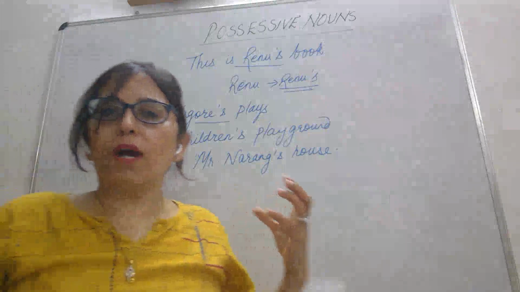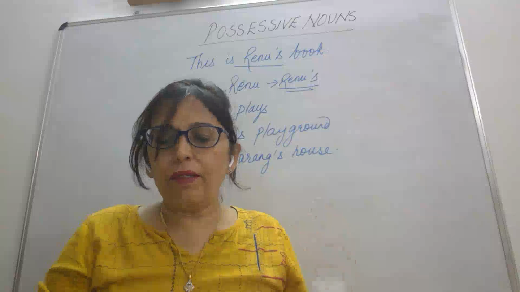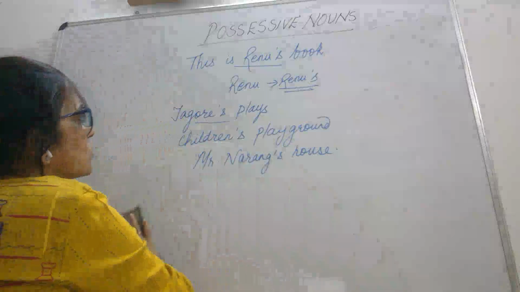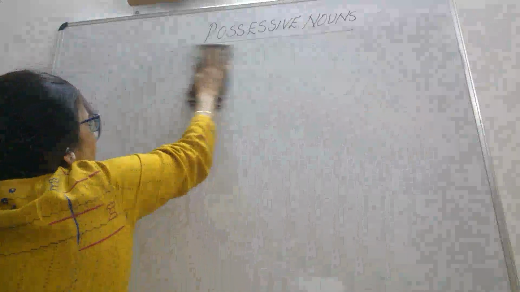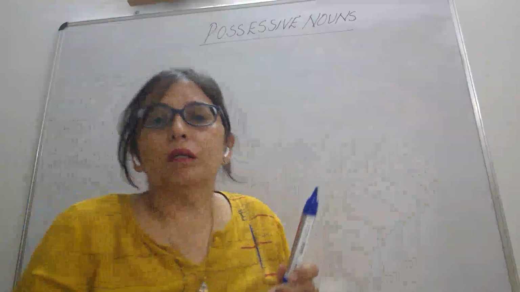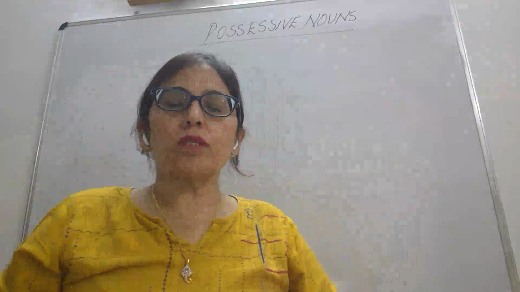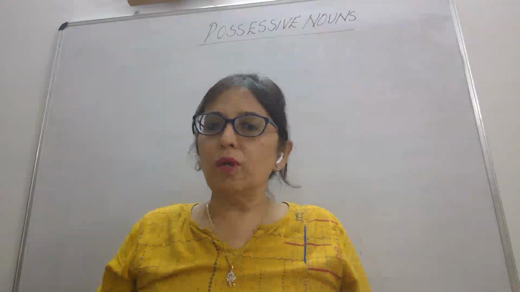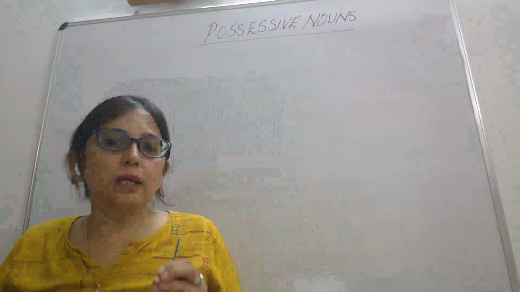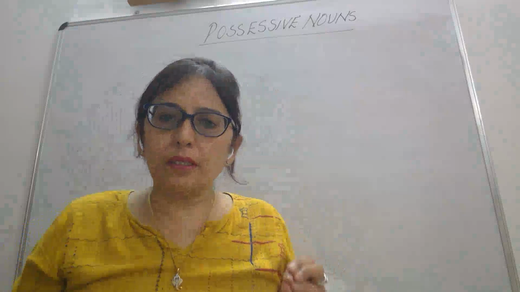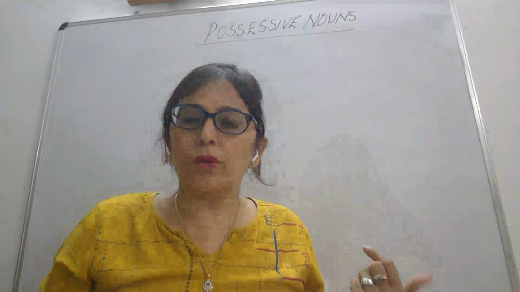Now, why should we learn this is the question, right? Where you are likely to make mistakes is in the various types of noun which show possession, right? So rule number 1, if it is a simple noun, a singular noun, we just put apostrophe S to denote possession.